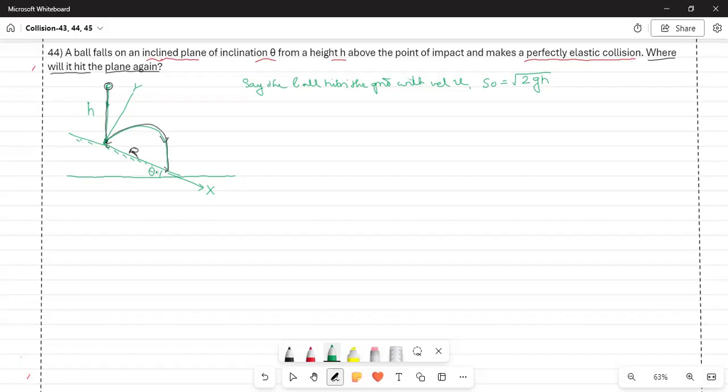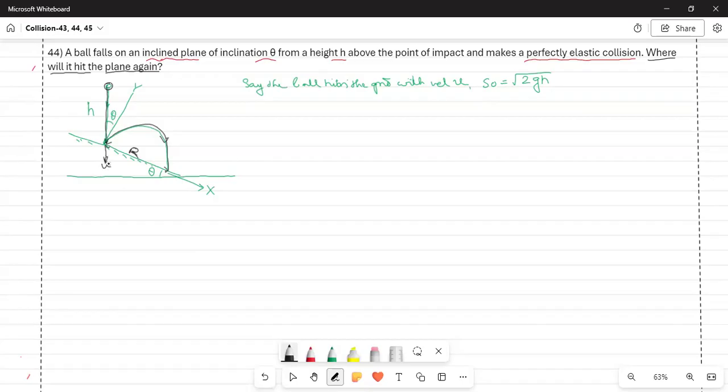Now, if this angle is theta, then this angle is also theta. And this velocity u works in this direction.